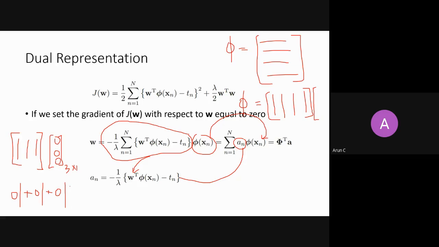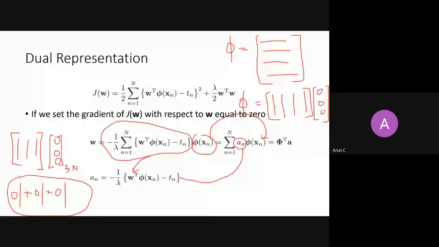Very good. So now, if this is the case, you write it here, this A vector, A1, A2 till AN. And it is nothing but a linear combination of the samples in the data set, and the weights will be given by AN.